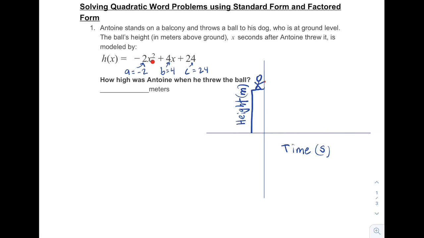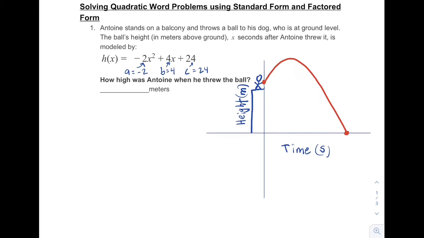Right, so we know from our equation, since this is x squared, it's going to be quadratic. And since your A is negative, it's going to open down. So you're going to have a quadratic function that looks like that, and it hits the ground at this point where his dog is at.